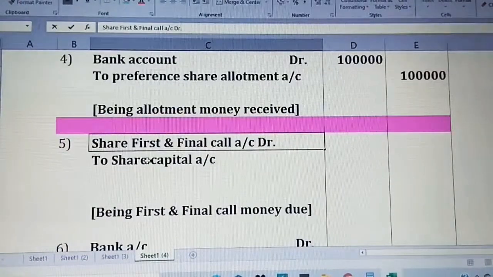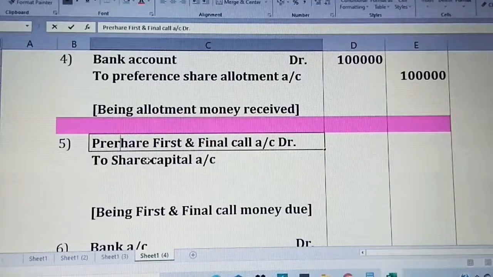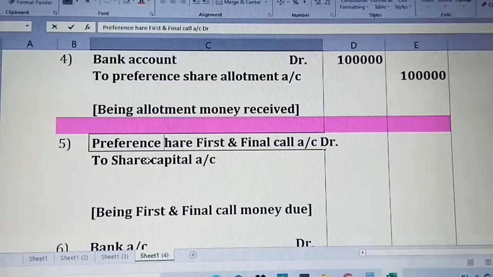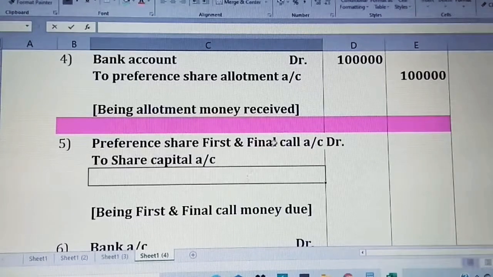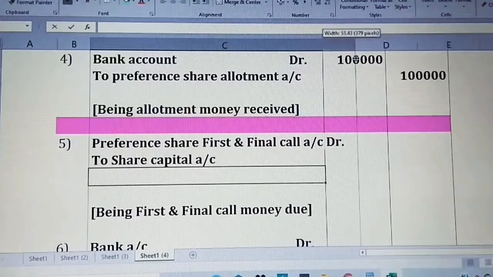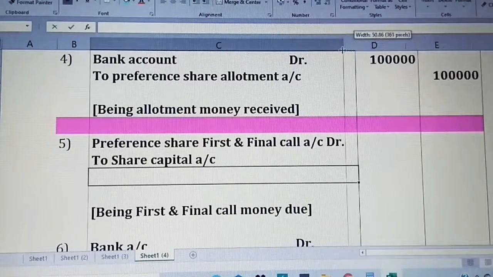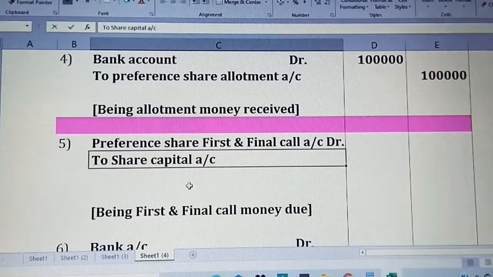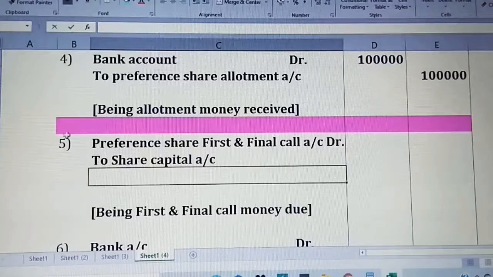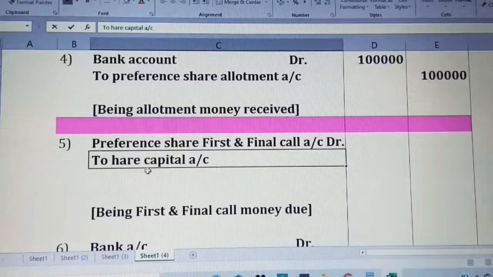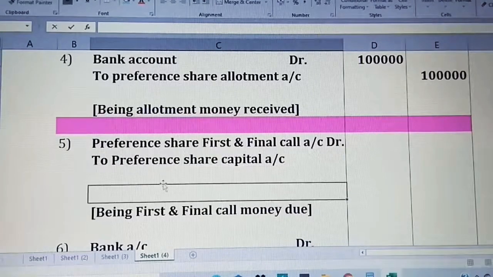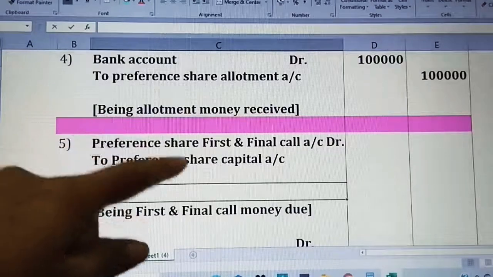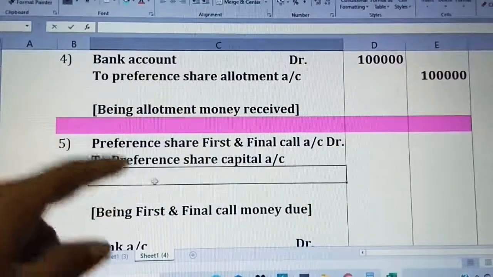So it's going to be preference share first and final call account debit to preference share capital account. The word preference should be mentioned. Preference share first and final call account debit to preference share capital account.